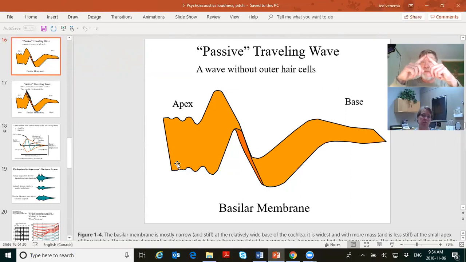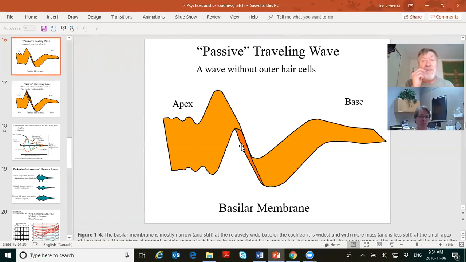At the narrow tip of the cochlea, the scala media is widest. And we're only looking at the floor now, the basilar membrane, the floor upon which the hair cells stand. And in this particular case, this person is hearing a low frequency because the peak of the wave is toward the apex. So these hair cells are giving rise to stimulation of the 8th nerve and sending that information to the brain.